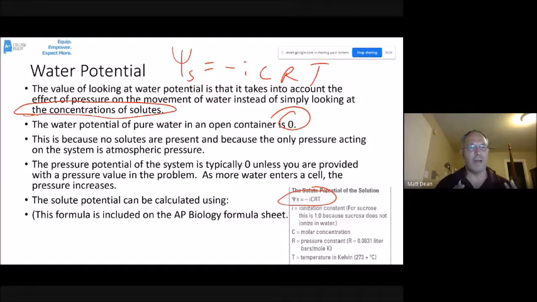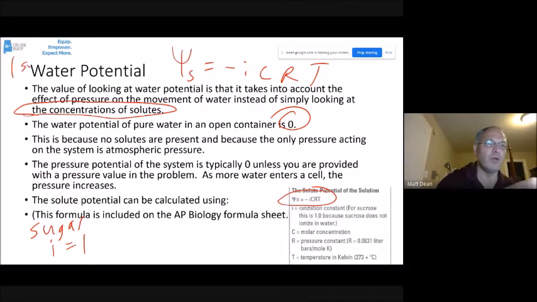First of all, if we're talking about sugars, anytime you have a solution that has sugar as its solute, i for sugars is always equal to 1. Because if you dissolve a sugar molecule, one sugar molecule doesn't break into pieces, it just dissolves. So one sugar molecule as a solute is still one sugar molecule in solution.